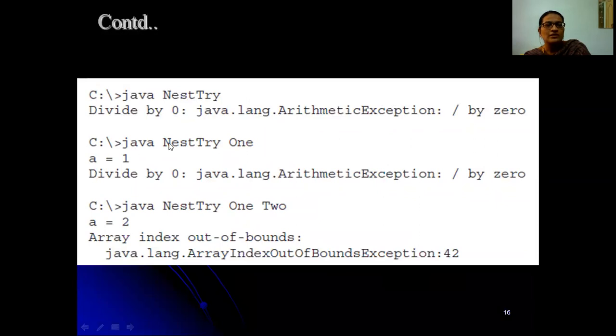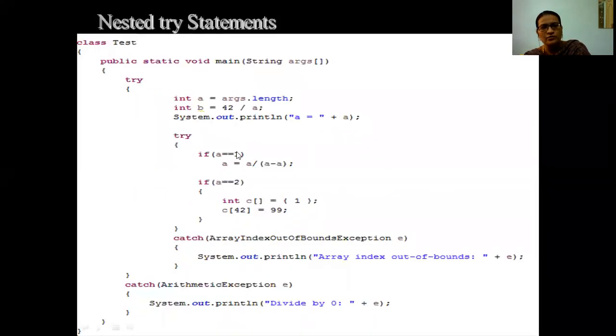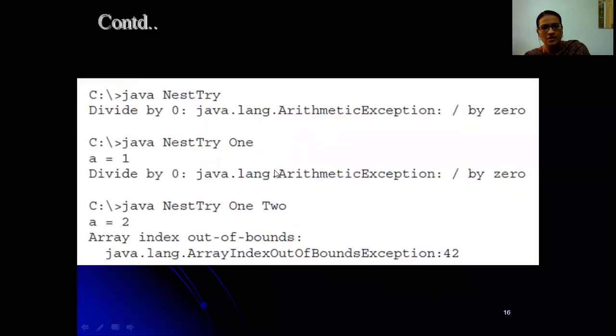Then Java nest try is a class name, and we have passed only one argument. Then a value becomes 1, and there also we have got an exception, that is divided by 0 exception.